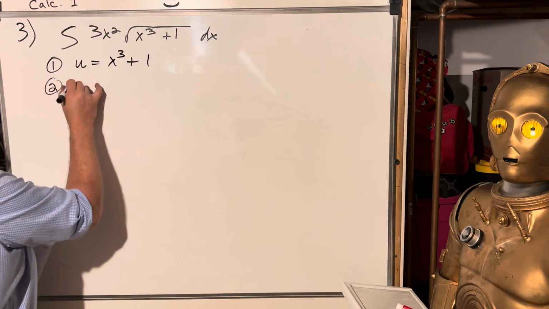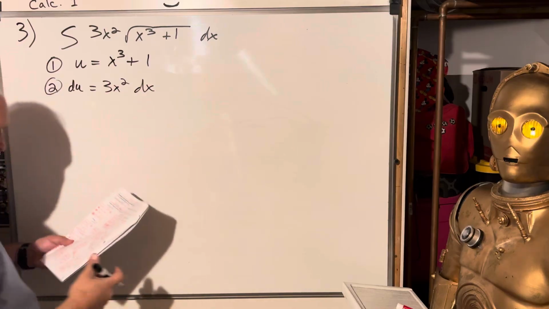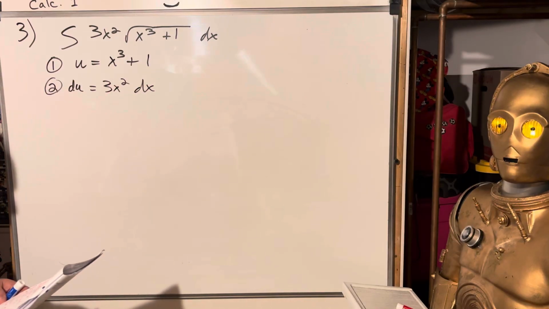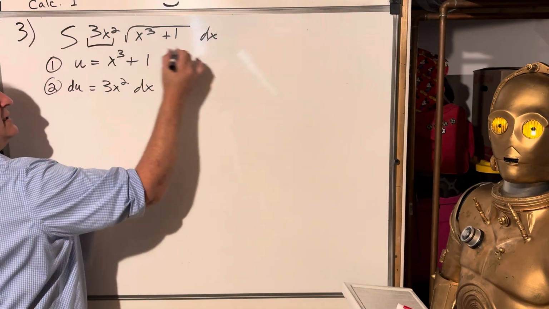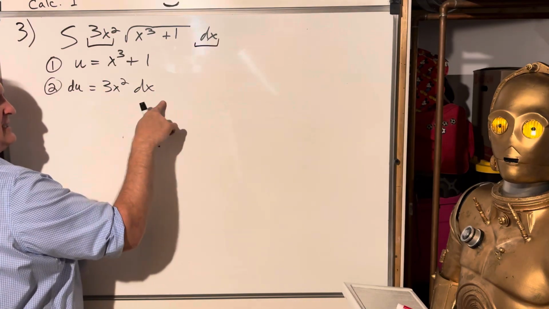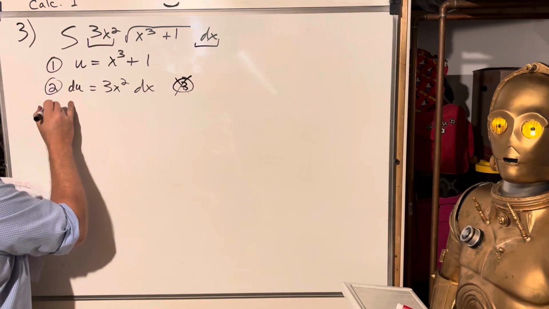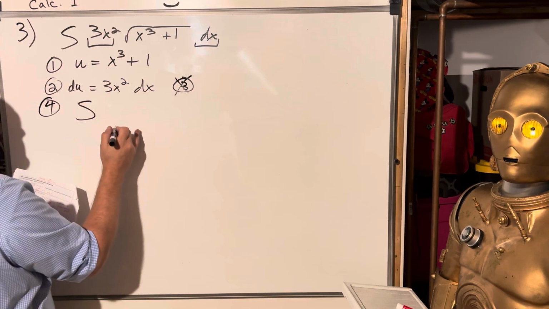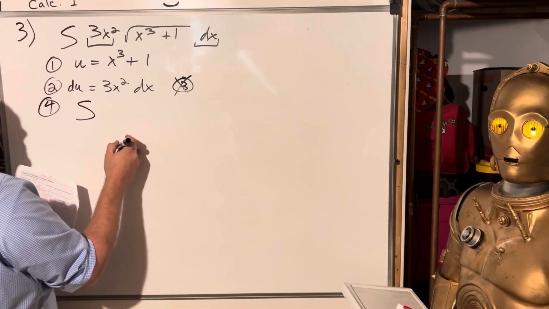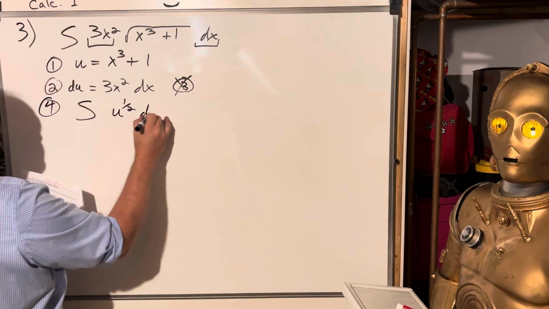2, du is going to equal 3x squared dx. We are in business on this one because look, we have a 3x squared dx, which is exactly what du is, so we don't need a step 3. Step 4, sub in. What do we have? u to the 1/2 du.